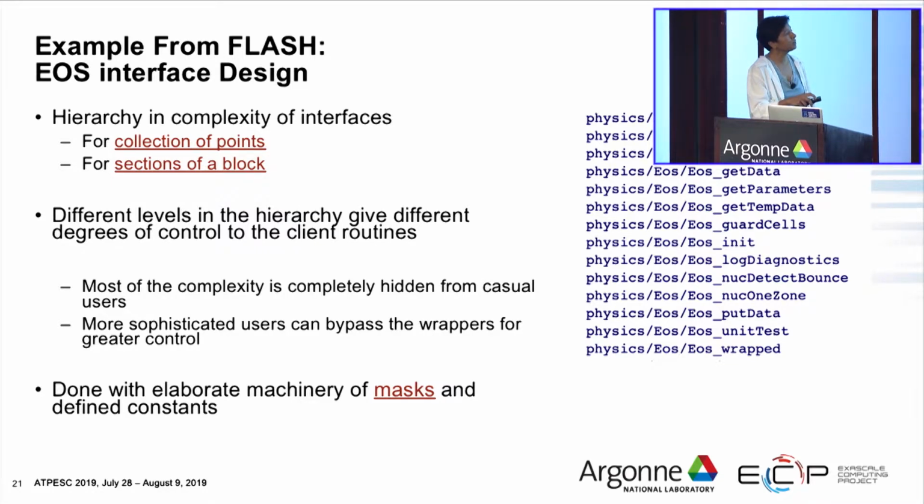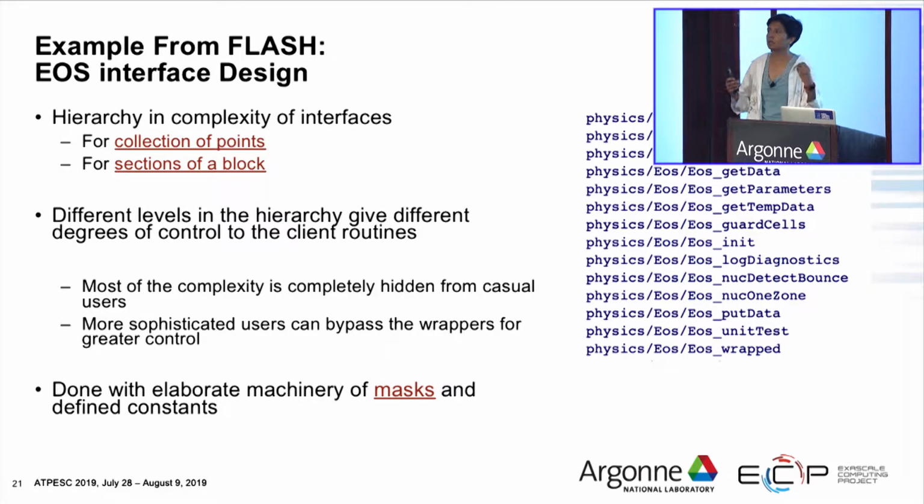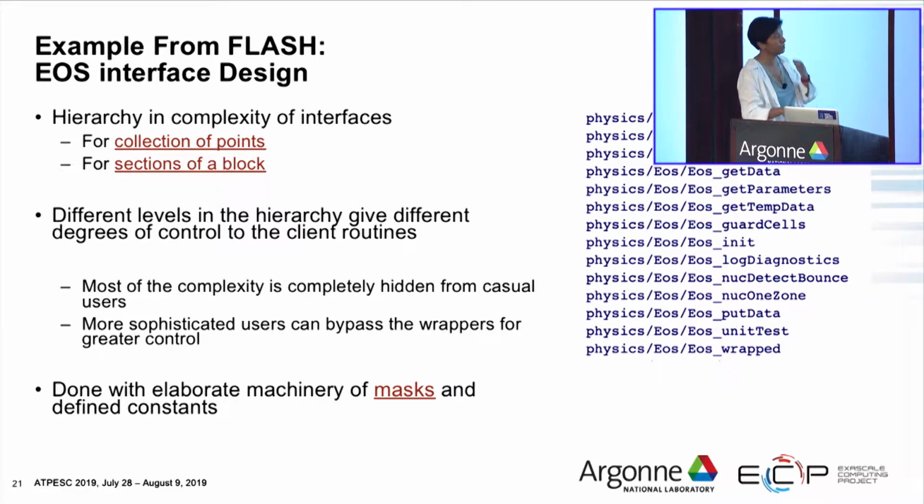There is a whole system of masks, etc. And then there are these helper functions, EOS wrapped, which are useful for the non-sophisticated user, because based upon a certain range of indices provided by the user, the vectors are automatically generated to be fed to this particular unit.